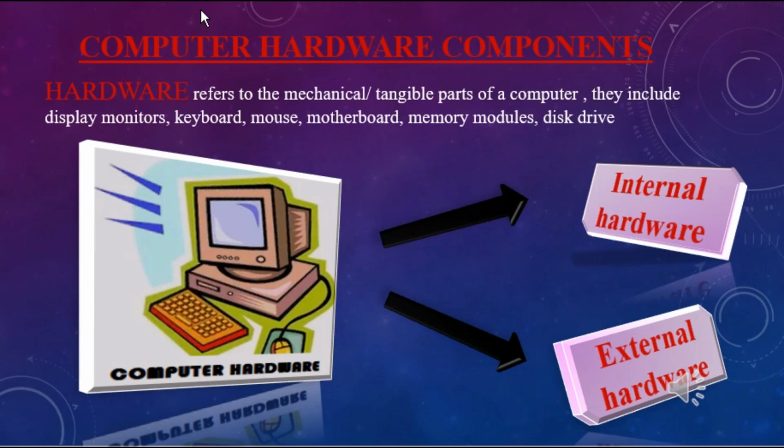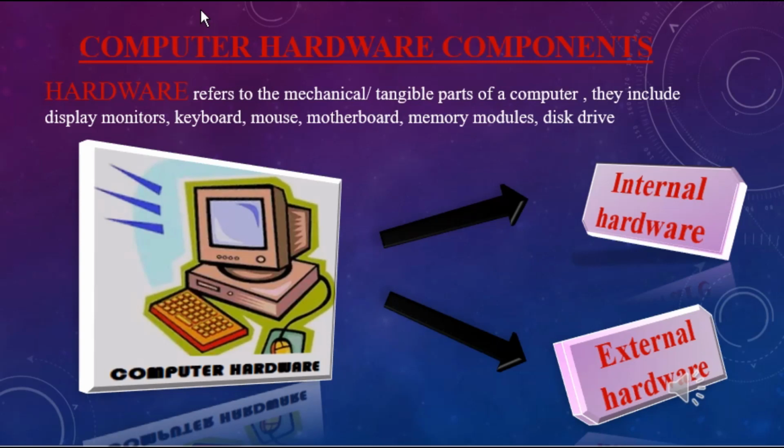Hardware is simply the tangible parts of a computer, the mechanical parts of a computer, parts that can be touched and felt. For example, we have the monitors, the keyboards, the mouse, the motherboard, the memory modules, and the disk drive.